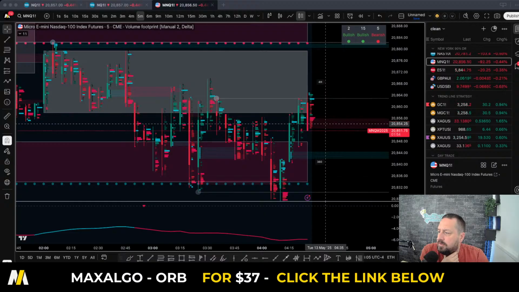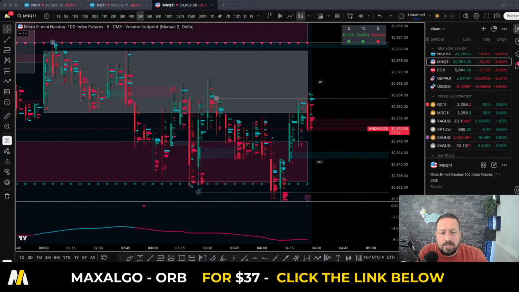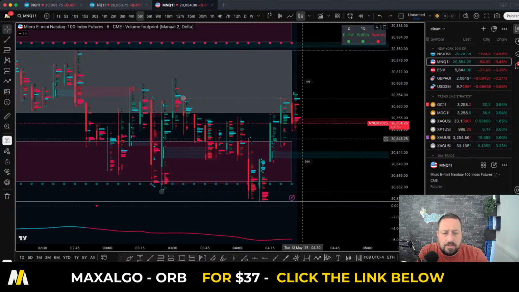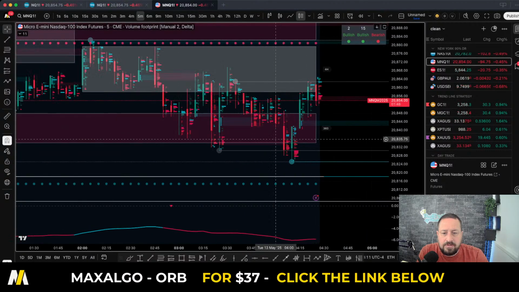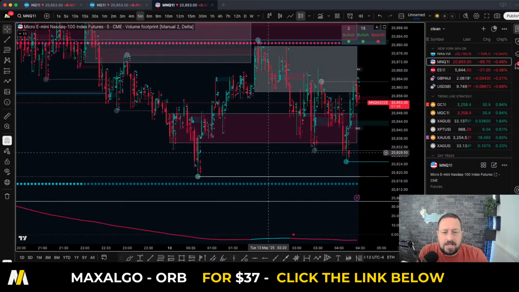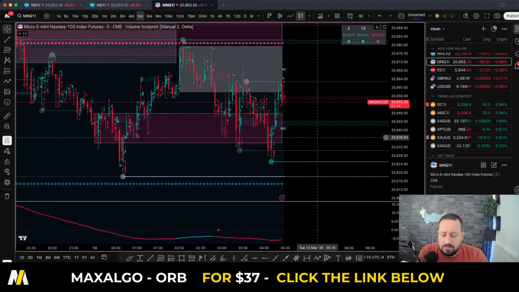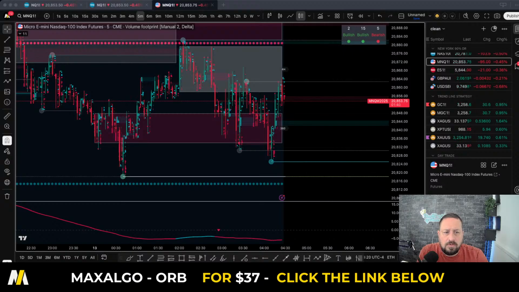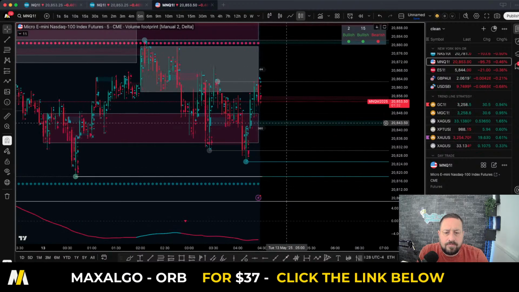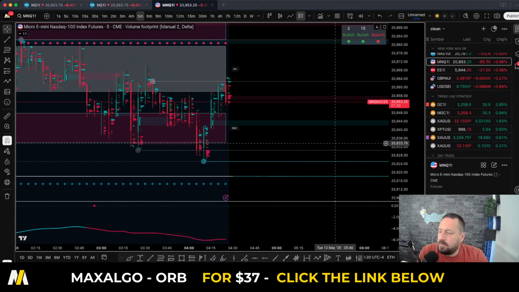Nice. Push down, just so tight in between this 6 hour and the 4 hour. But we are closing below those levels, which is good.